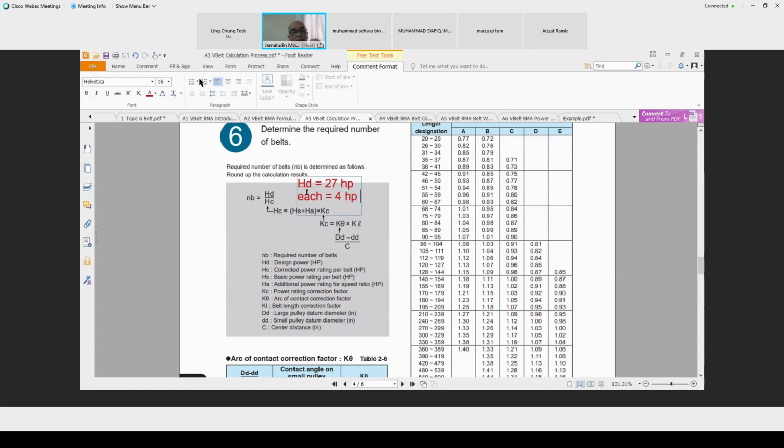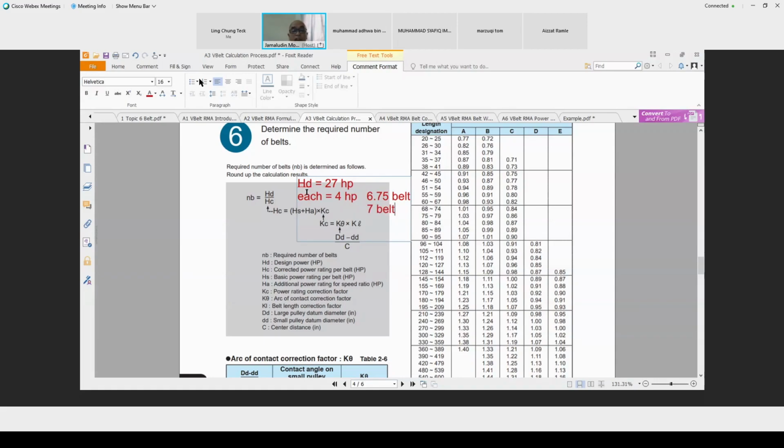Meaning 27 divided by 4, right? 27 divided by 4 is going to be 6.75. That will be the answer, 6.75. Meaning that we need how many belts? 7 belts. We cannot have 6.75 belts, because belts are whole units, so the answer will be 7 belts here.